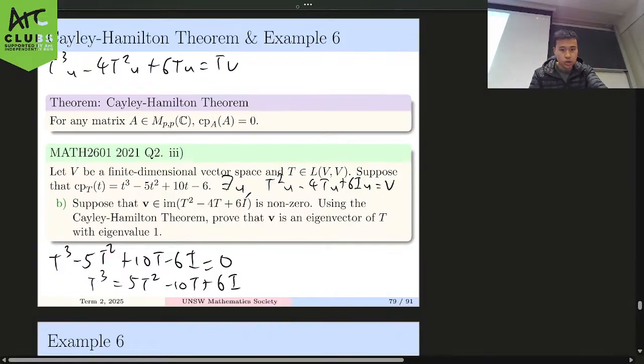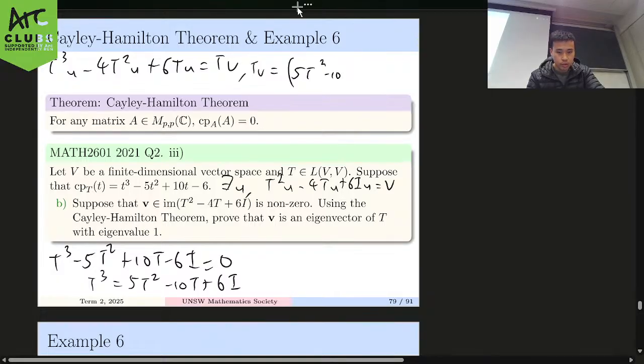I know that T cubed, so T v is equal to... I can replace T cubed with this gigantic mass: 5T squared minus 10T plus 6I, and all the stuff, applied to u, minus 4T squared u plus 6T of u.